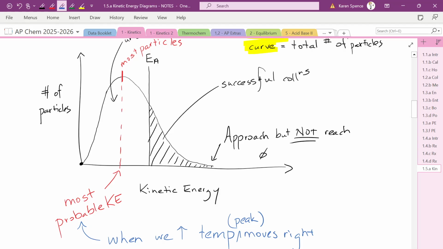What's going to happen to our lowest kinetic energy? Right now, the lowest kinetic energy is 0. If we're at a higher temperature, what's the lowest kinetic energy? 0. Okay? No change.